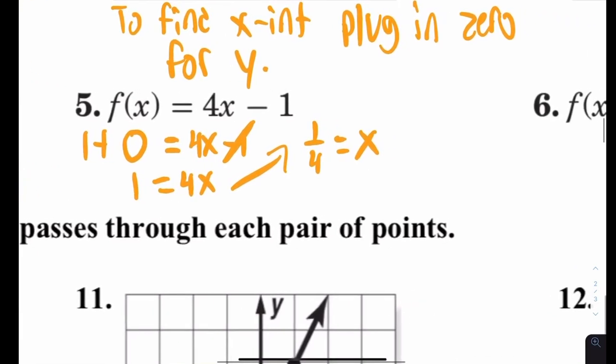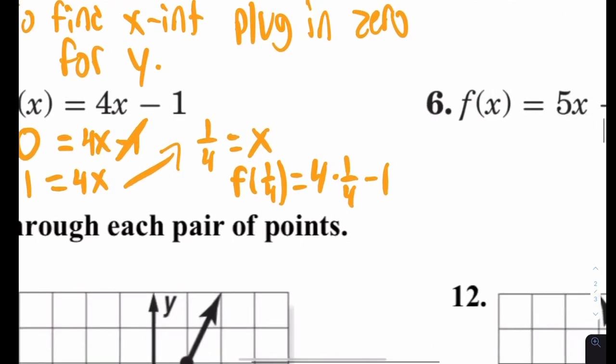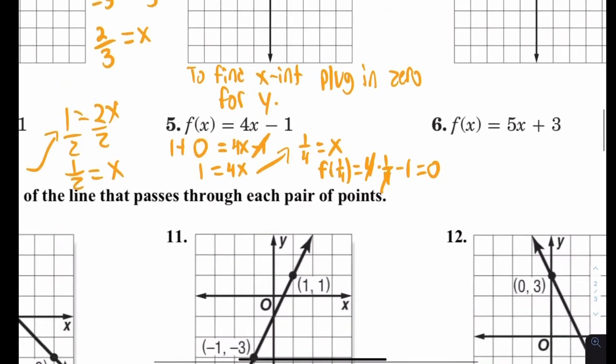If we check it, f of 1/4 equals 4 times 1/4 minus 1. The 4's balance out, and it leaves you with 1 minus 1 equals 0, which is what we wanted. So then all we have to do is label the x-intercept, and then we're done. 1/4, 0.